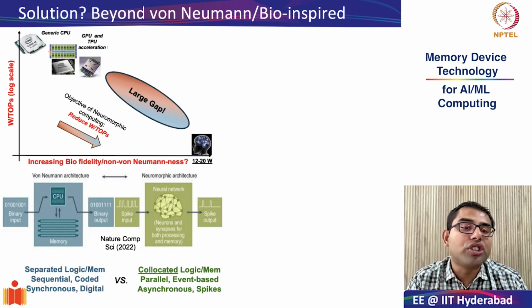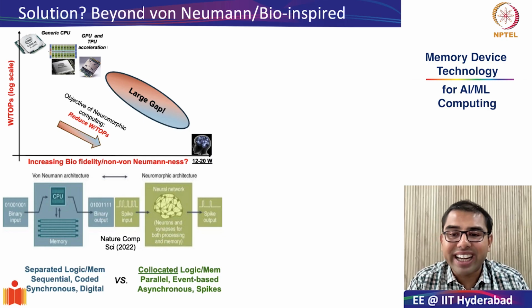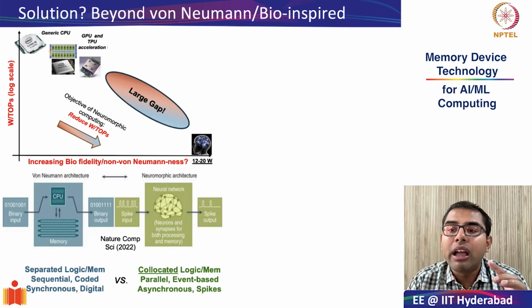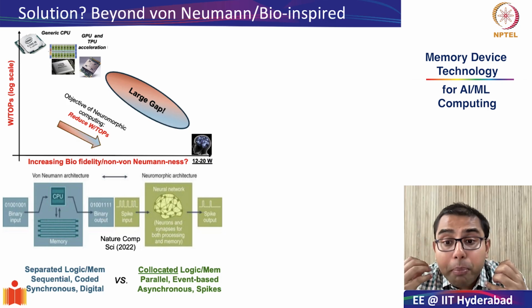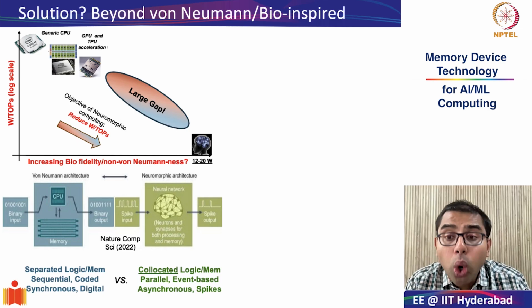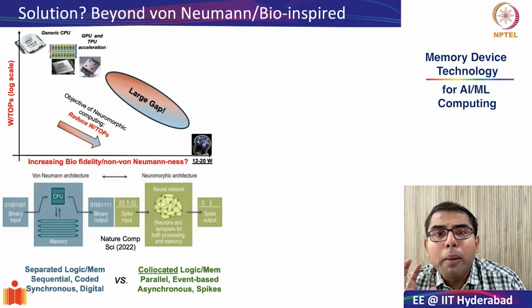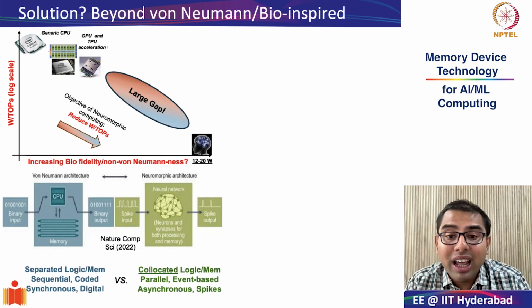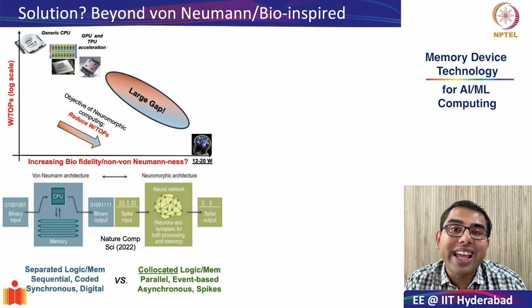And here we saw the essential differences in neuromorphic architectures vis-a-vis the common von Neumann architecture. So unlike traditional computing, which separates logic and memory for sequential synchronous processing, we saw that brain-inspired architectures co-locate logic and memory, and they operate in a very highly parallelized fashion and an asynchronous event-driven nature, which is always communicated via spikes.